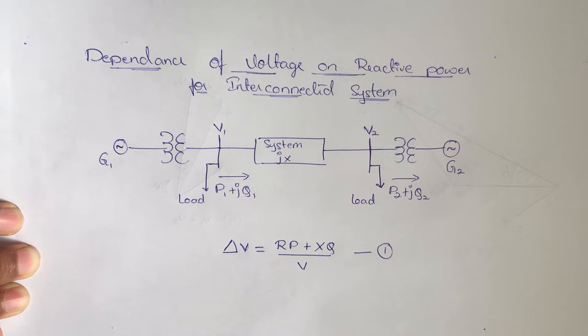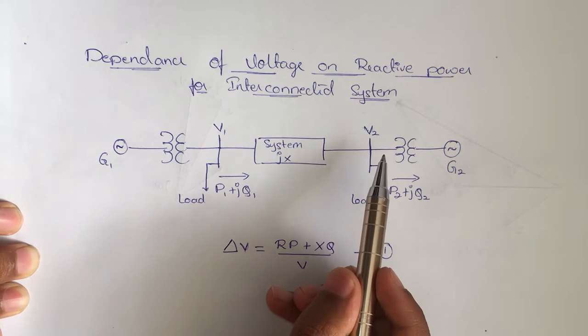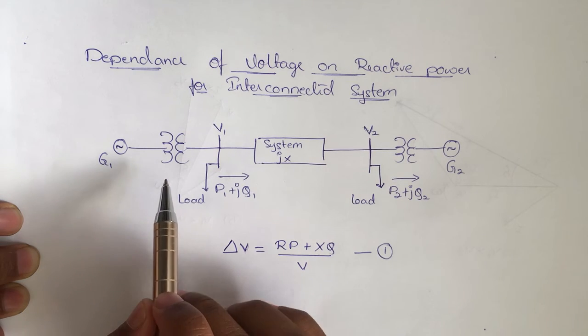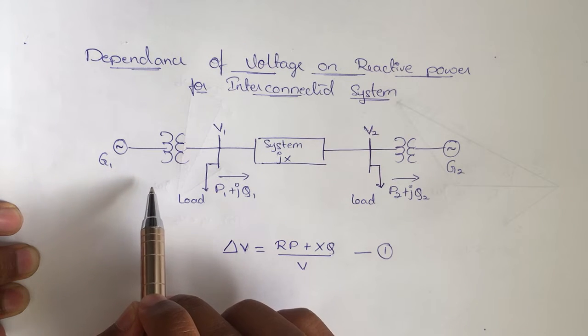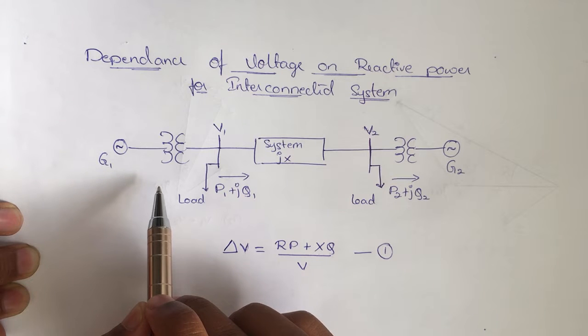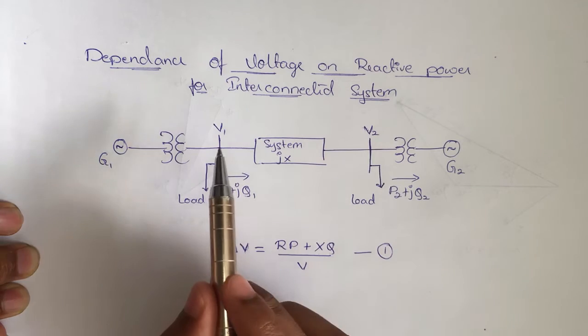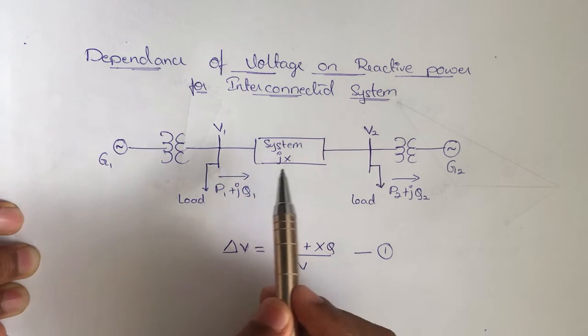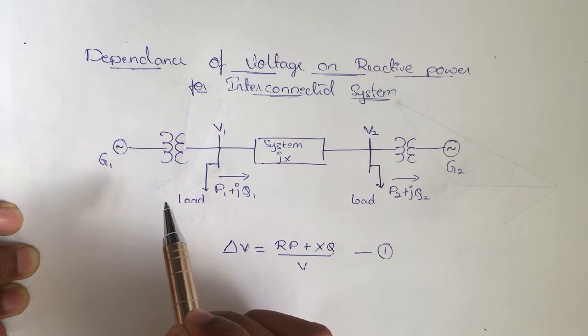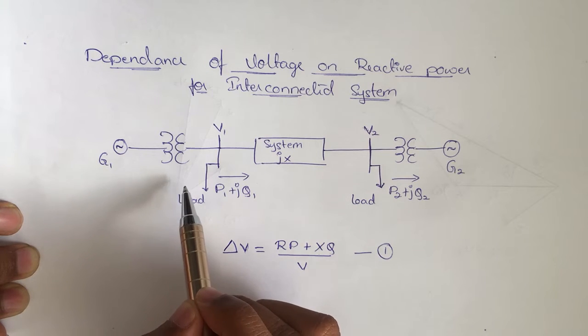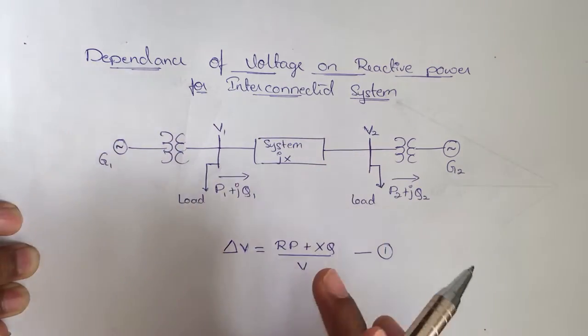This means there is a flow of active and reactive power from bus 1 to bus 2. Since V1 is greater than V2, there is a flow of active power and reactive power from bus 1 to bus 2.